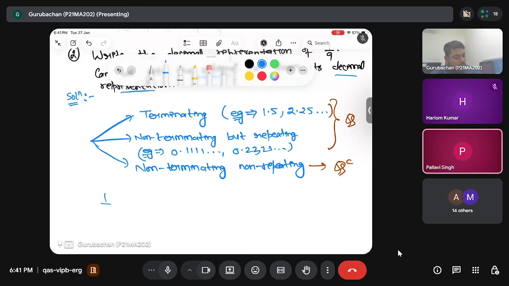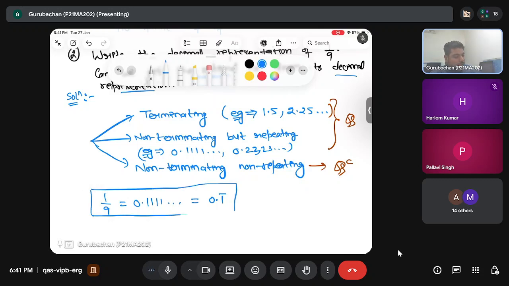It is obvious: when you divide, it goes on repeating. So for short, we may write a bar over the 1 because 1 is repeating itself. In the case of 0.2323, we will write 0.23 bar. So this is the decimal representation of 1 by 9.